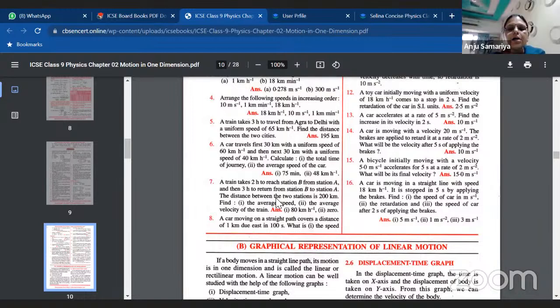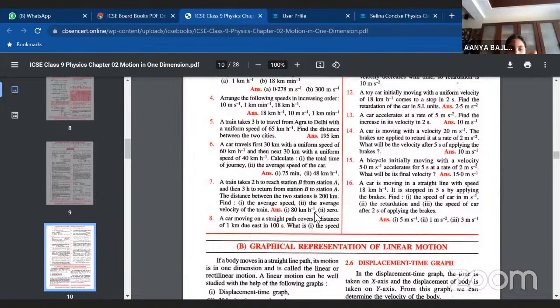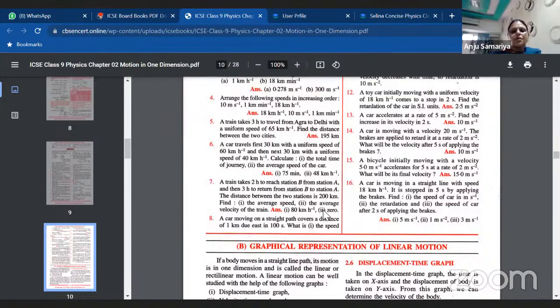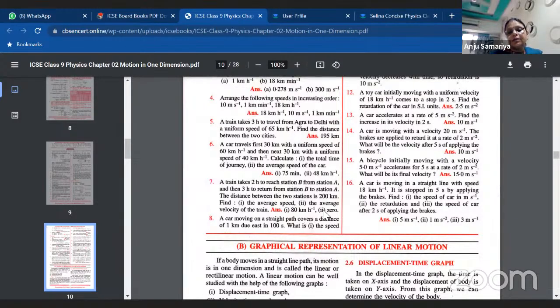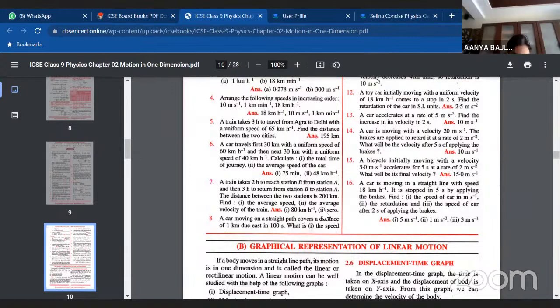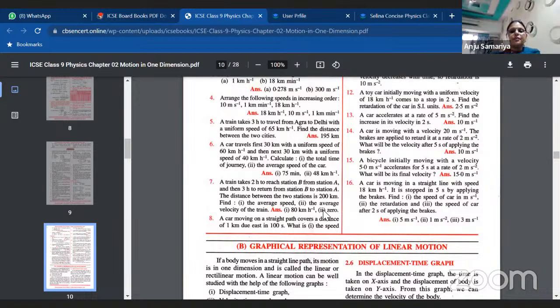Okay. And second one? What is average velocity? Displacement upon time taken. What is the displacement? There is no displacement given. Displacement is 0 because it is traveling from station A to station A back. So the displacement is 0. So the average velocity is also 0.